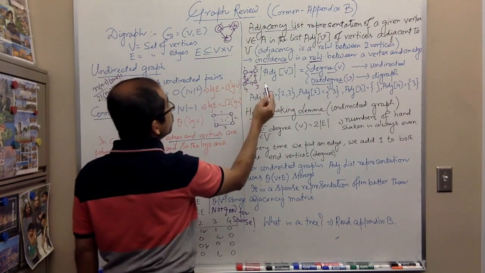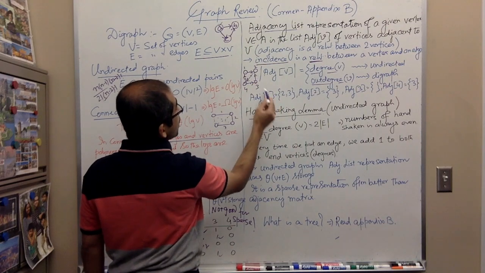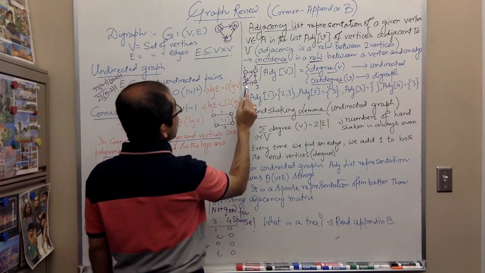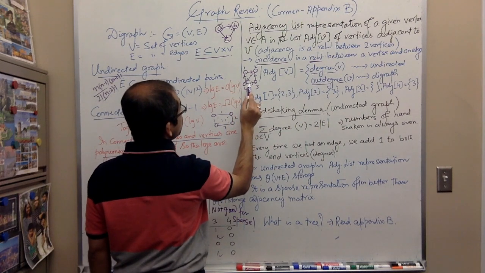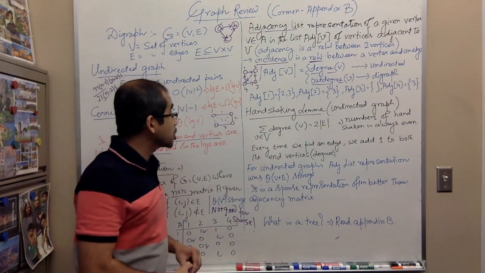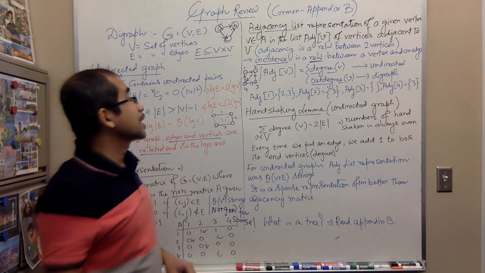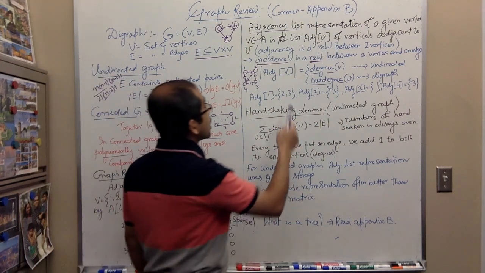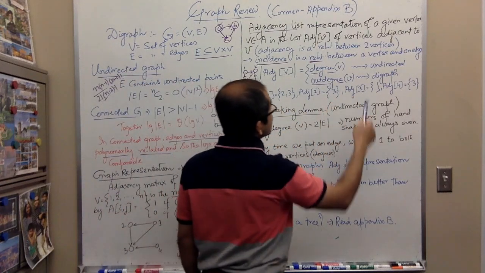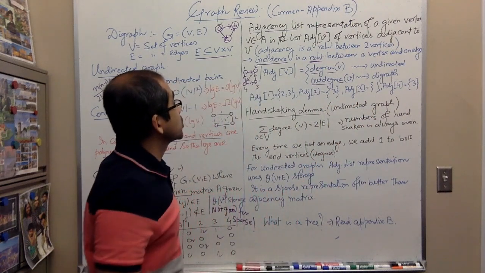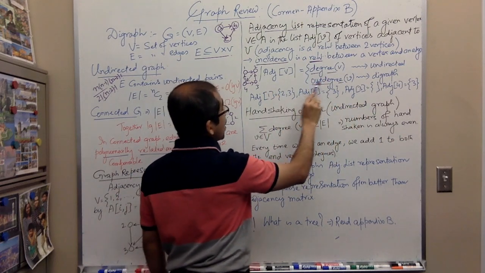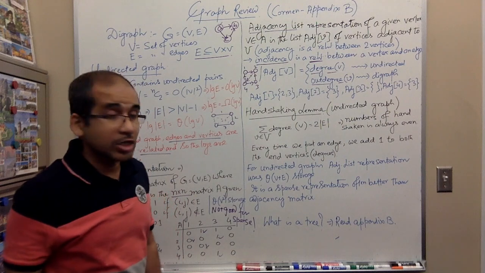For 2, in degree is 2 and out degree is 1, the edge 2 to 4. For vertex 4, the out degree is 2 and in degree is 1. So out degree is the edges going out of a vertex, and in degree is the edges coming in. The adjacency of a vertex is the degree of that vertex if it's an undirected graph, and the out degree of that vertex if it's a directed graph.